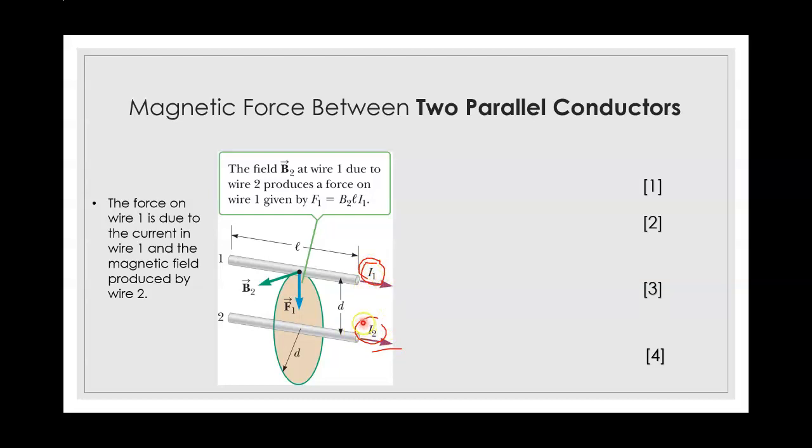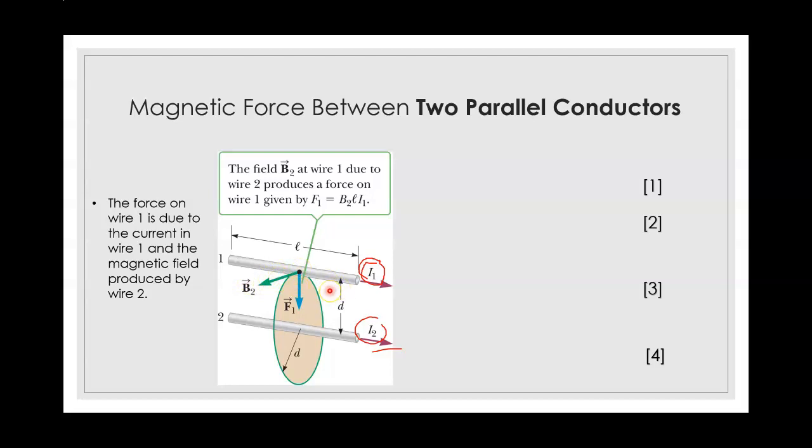Faham tak? Maksudnya, the current 2 ini dia akan menghasilkan magnetic field B2 pada wire 1. The direction of B2 is perpendicular to the wire as you can see here.